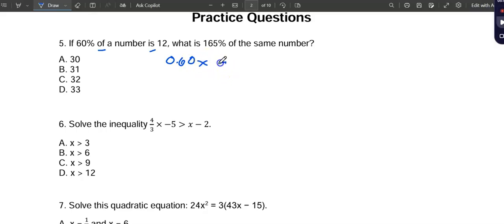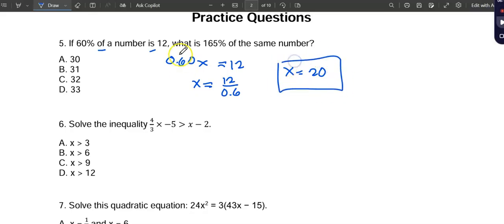That is just equal to 12. And then we solve for x. We divide everything by 0.60. So 12 divided by 0.60. This will actually give you x equals 20.